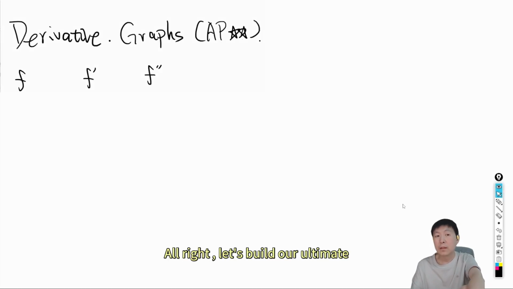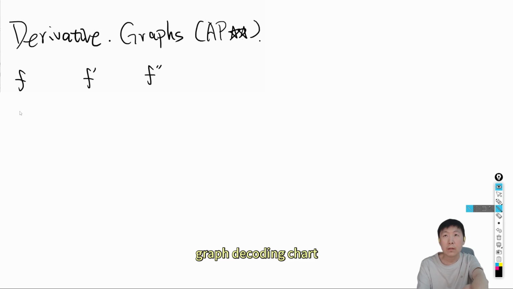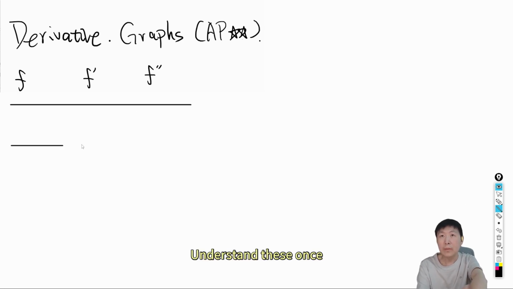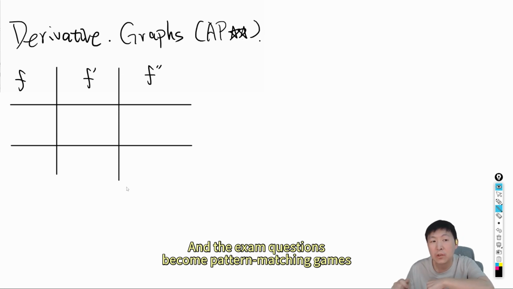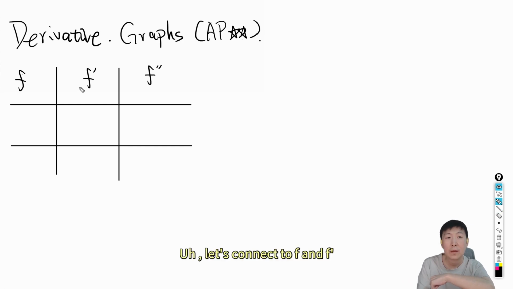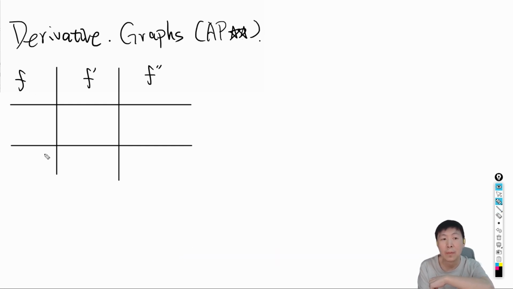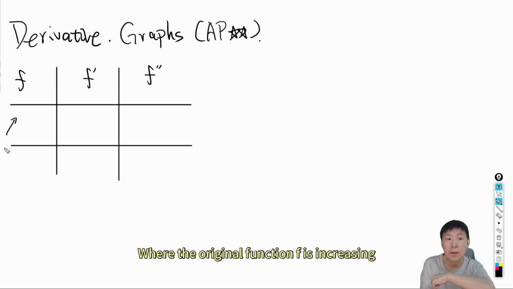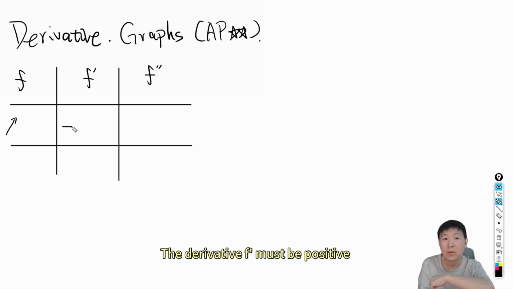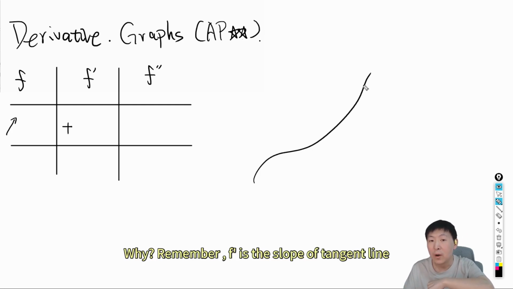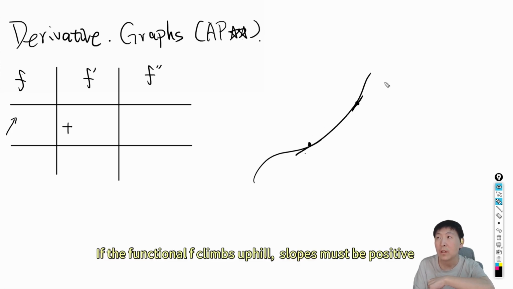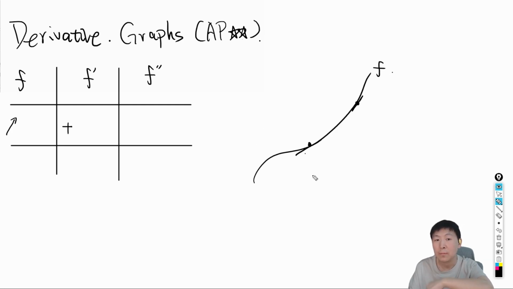All right, let's build our ultimate graph decoding chart. Understand this once, and the exam questions become pattern matching games. First, let's connect f and f prime. Where the original function f is increasing, its derivative f prime must be positive. Why? Remember, f prime is the slope of a tangent line. If the function f climbs uphill, slopes must be positive.